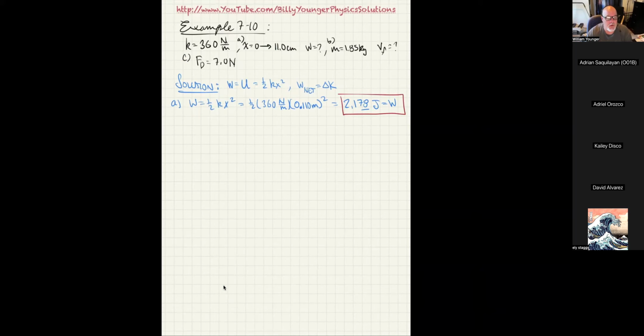For part B, we want to know basically how fast it will be moving. So with that one, what we know is the work done by the actual spring is the only work done. So for part B, W net equals work by the spring.